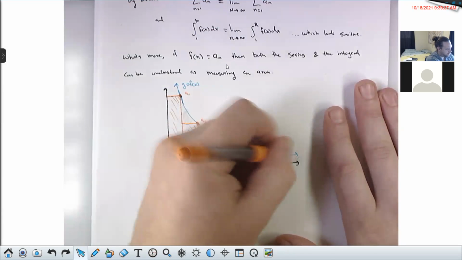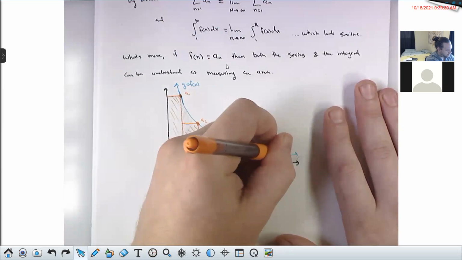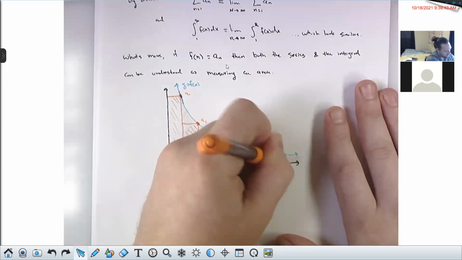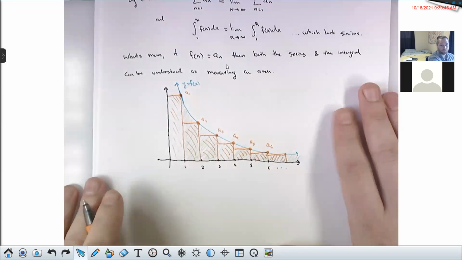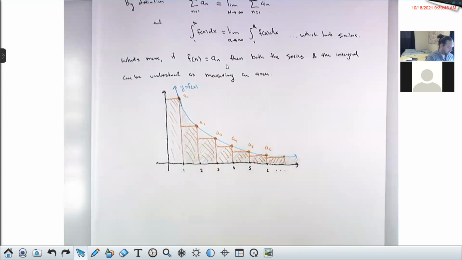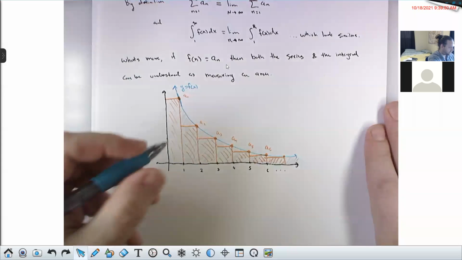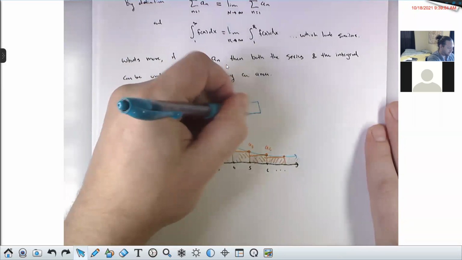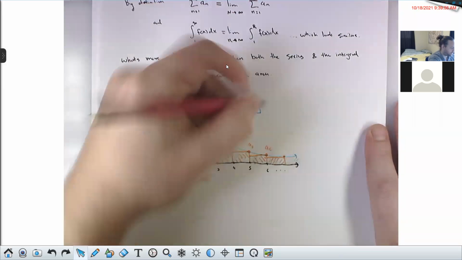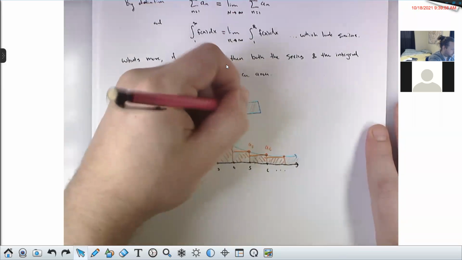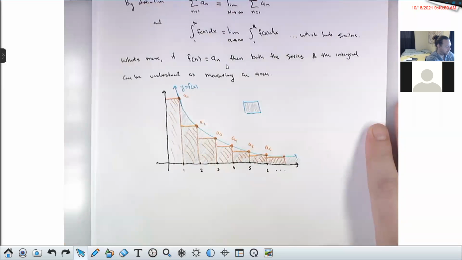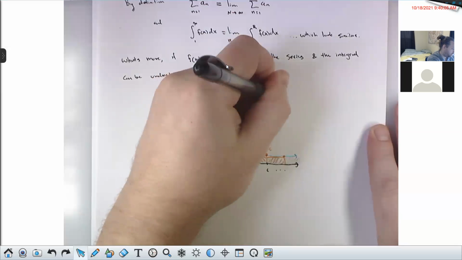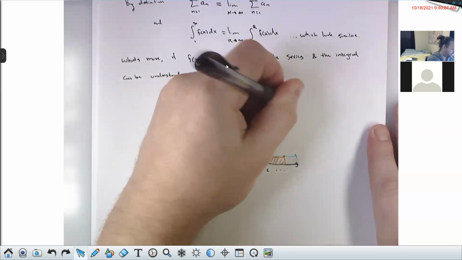And of course, the orange area continues on forever also. All of the pencil shaded area bounded by the blue, that's the integral from 1 to infinity of f of x dx.